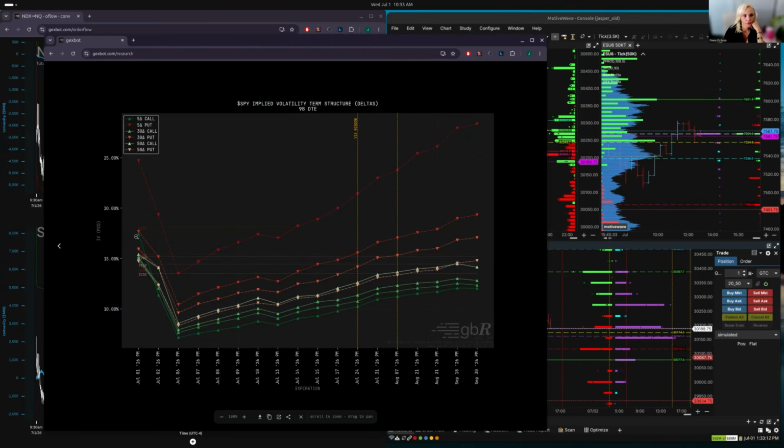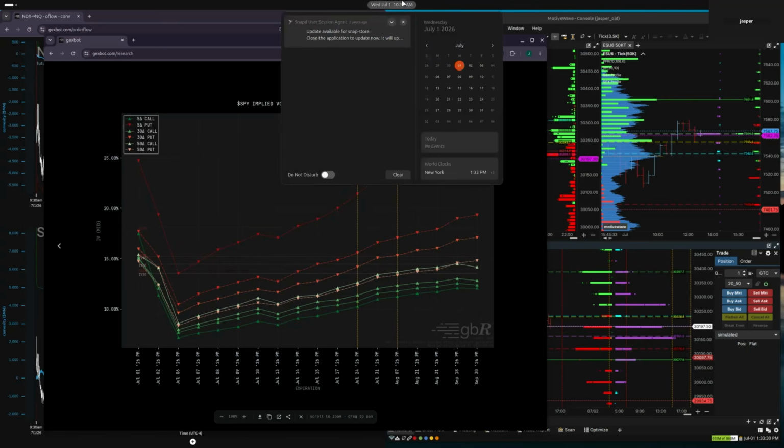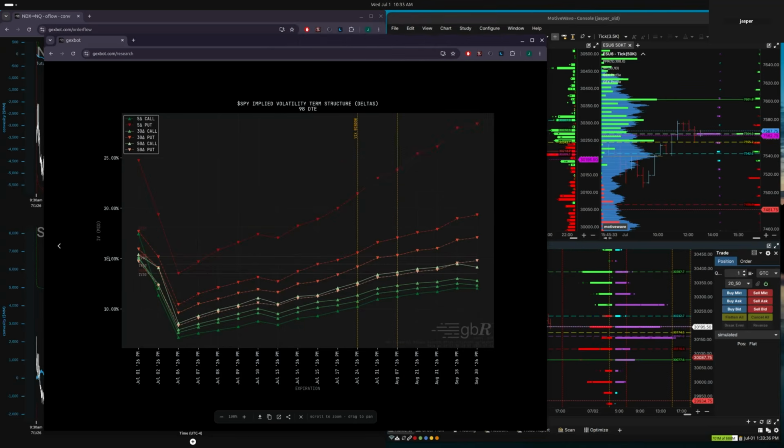Yeah, I see. I think this is still normal. I mean, you can see that this is a normal view of skew still. This might be related to the weekend vol pricing. No, I think this is normal.